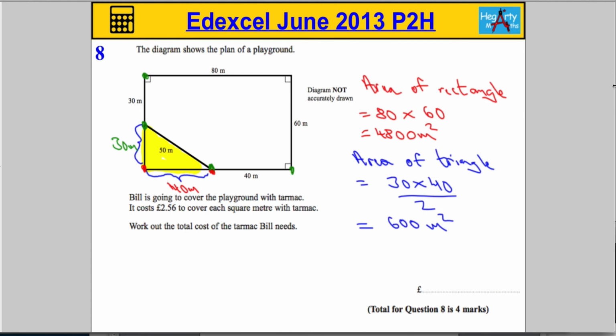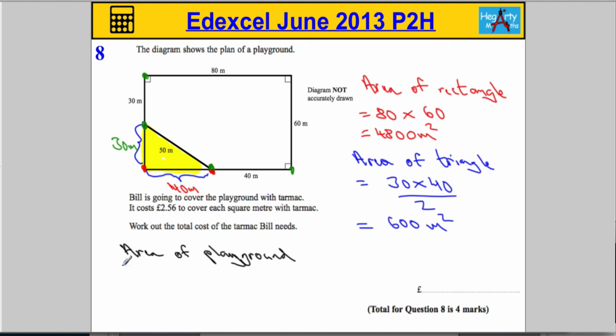So that means that the area of the playground is going to be found by subtracting the area of the triangle, taking that away from the area of the rectangle.